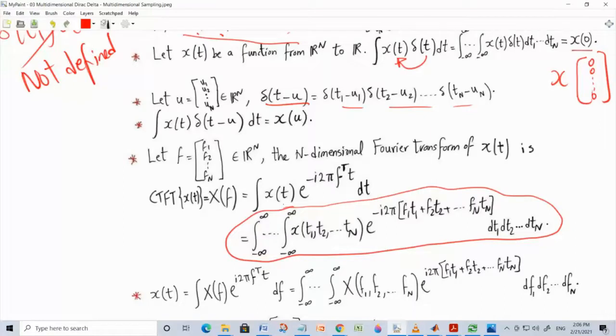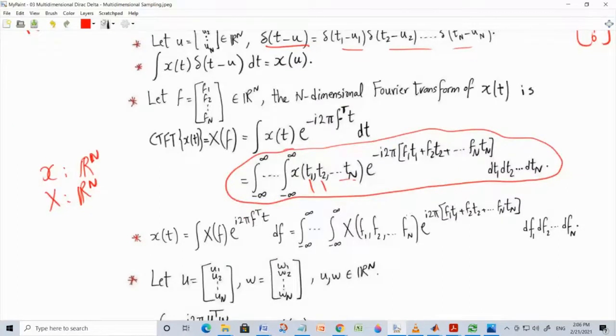So the multidimensional continuous time Fourier transform takes a function x from Rn, and the big X will also be a function from Rn. One of them has the variables t1, t2, and tn, and the other is given by the inverse CTFT, and it's parameterized by f1 up to fn.